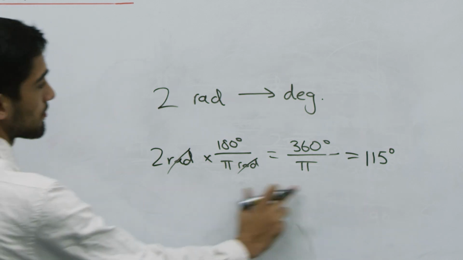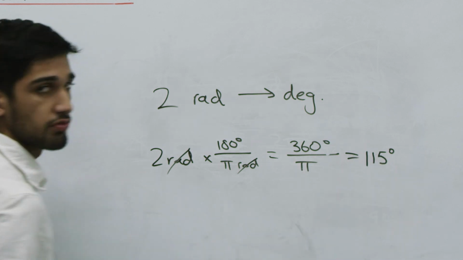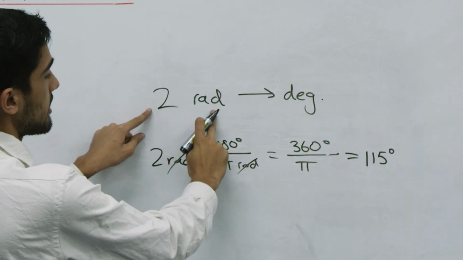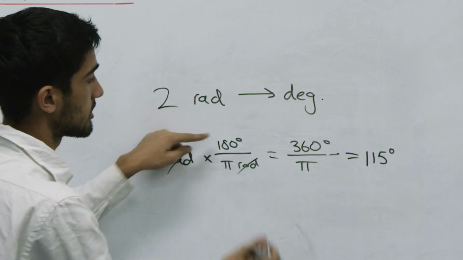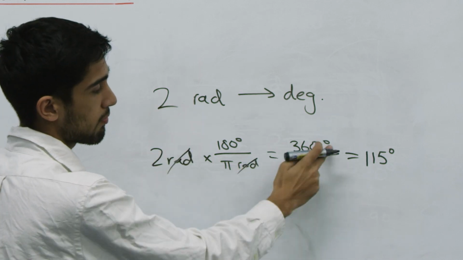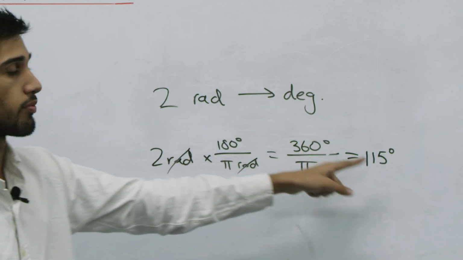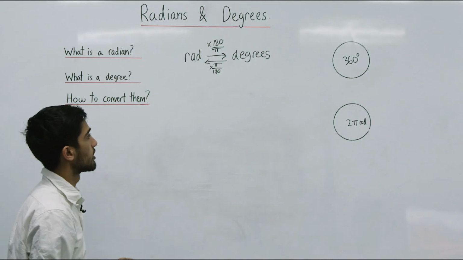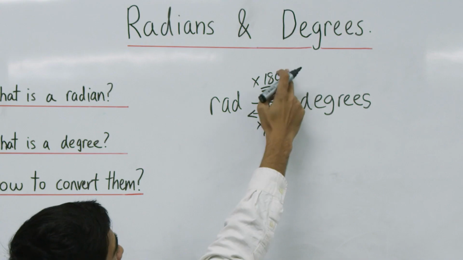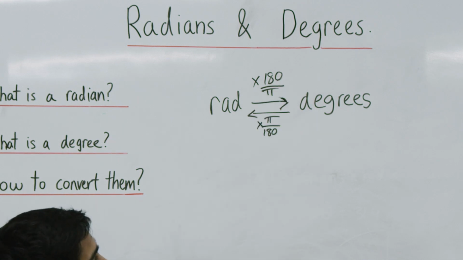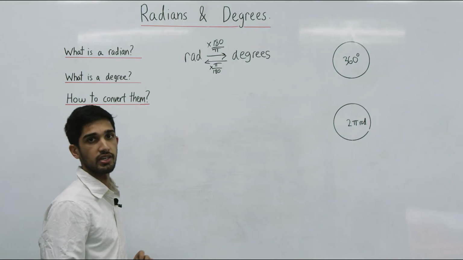So 2 radians multiplied by 180 degrees over pi radians is equal to 360 over pi, which is approximately 115 degrees. And that's how you convert from radians to degrees. So in final summary, to convert from radians to degrees, multiply by 180 over pi. To convert from degrees to radians, multiply by pi over 180.